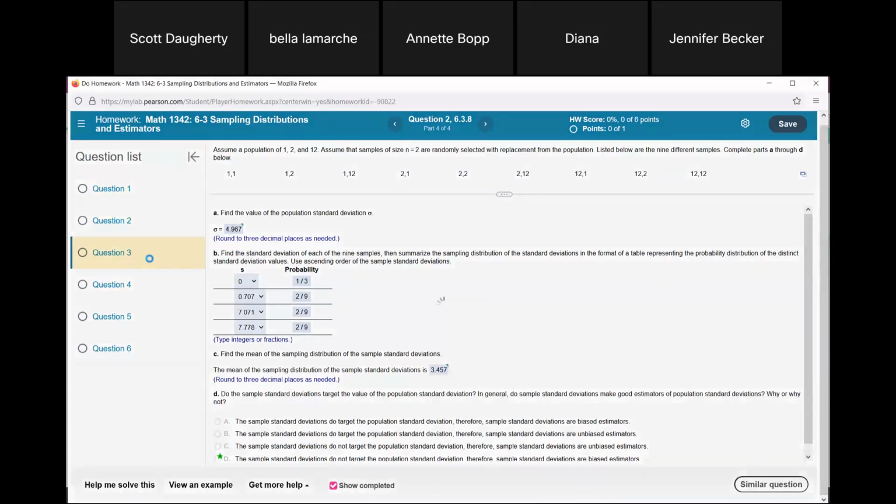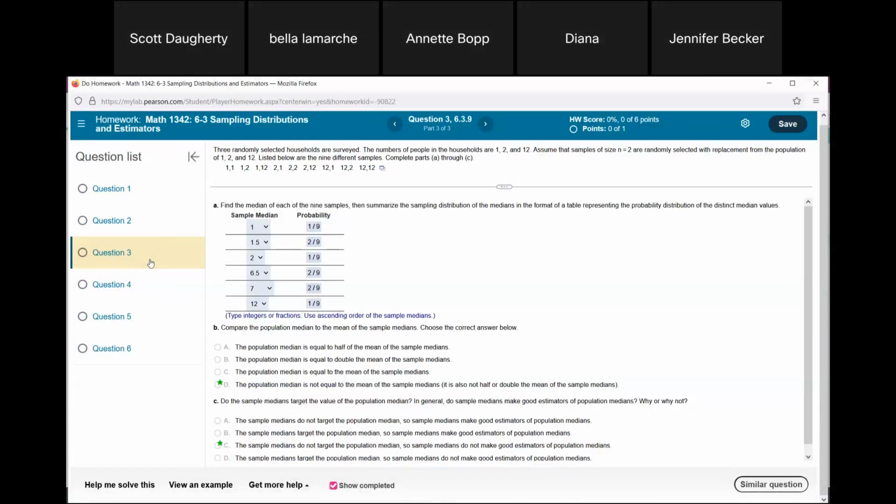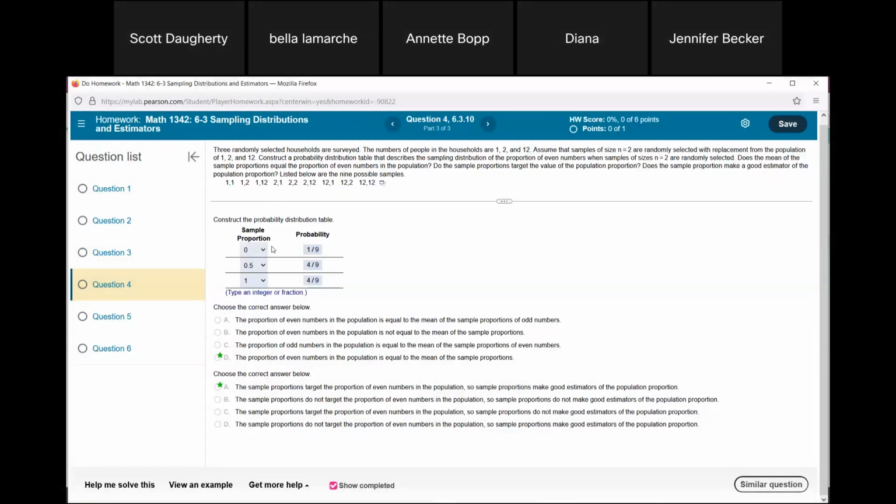So anyway, that's what this homework is going to look like. Each problem is going to take you a bit of work. Here they want you to estimate the population median by using the sample median. This one, I want you to estimate a population proportion by looking at a sample proportion.